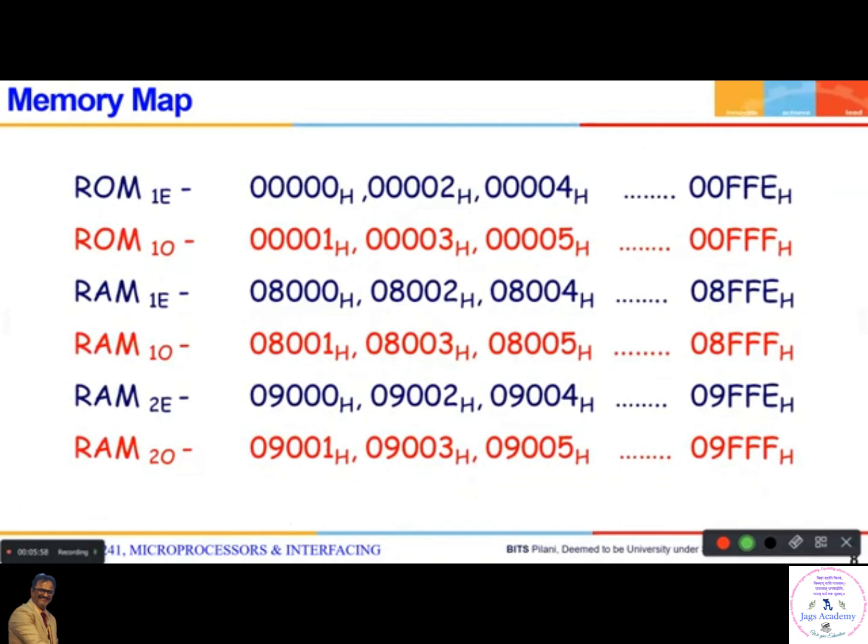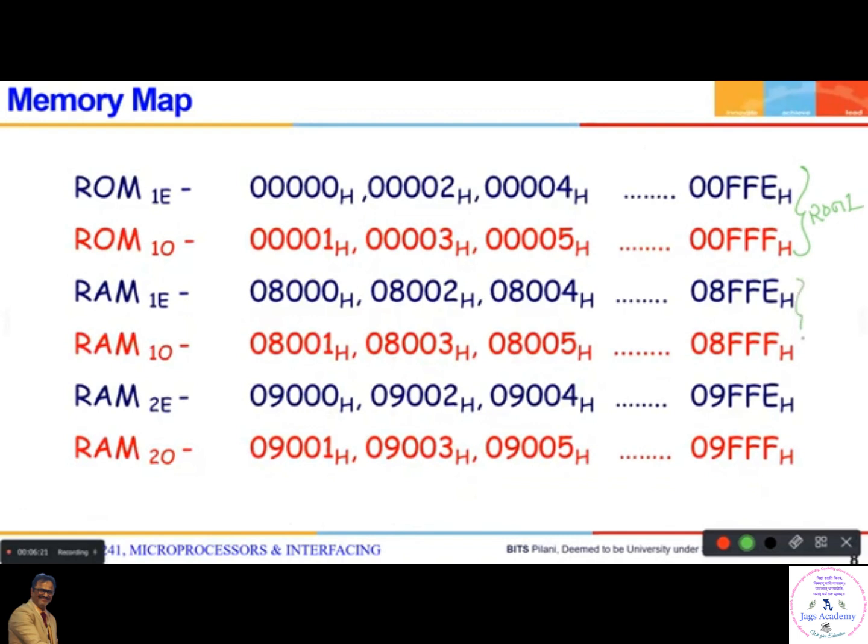Okay. Now what's next? Tell me. You have to write a table for all these chips. Yes or no? You know how to do that because we already discussed it for the 8088 microprocessor. See here. This is your ROM 1, and of course we have divided it into even and odd addresses.